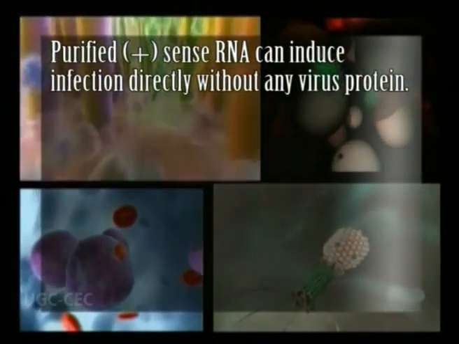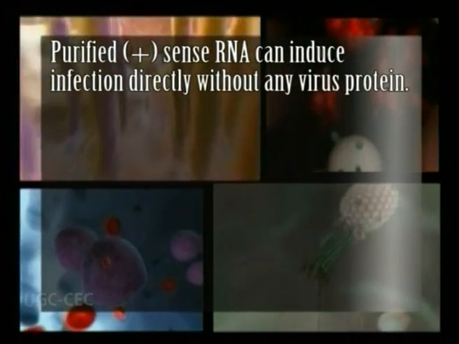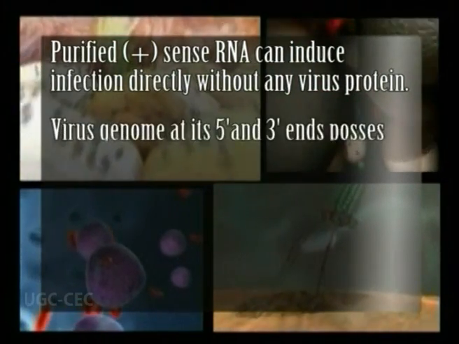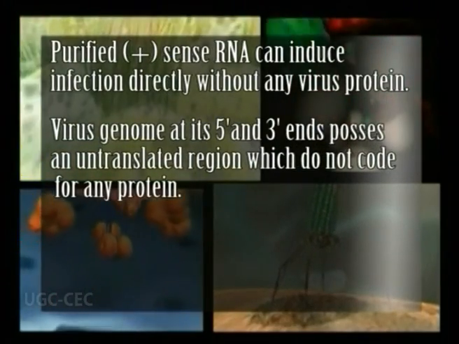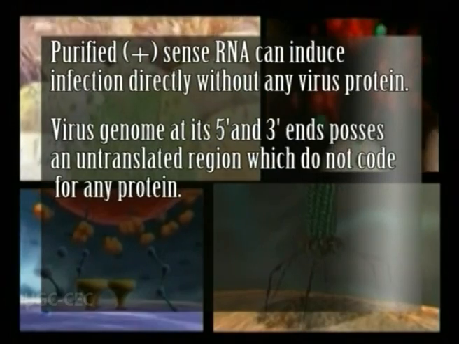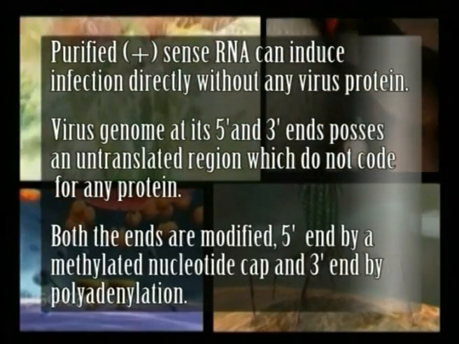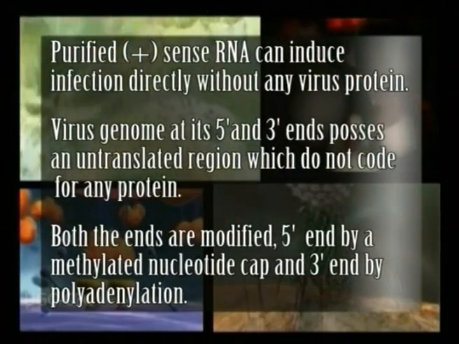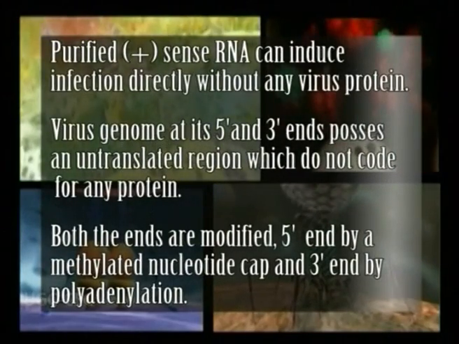For example, number one, purified plus sense RNA can induce infection directly without any virus protein. Number two, virus genome at its 5' and 3' ends possess an untranslated region which does not code for any protein. Number three, both the ends are modified, 5' by a methylated nucleotide cap and 3' by polyadenylation.